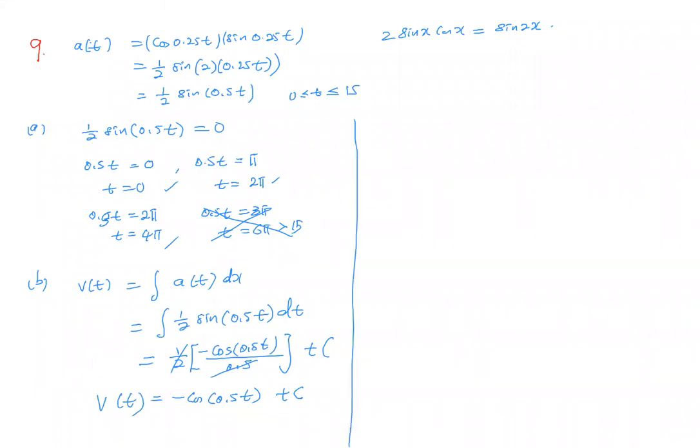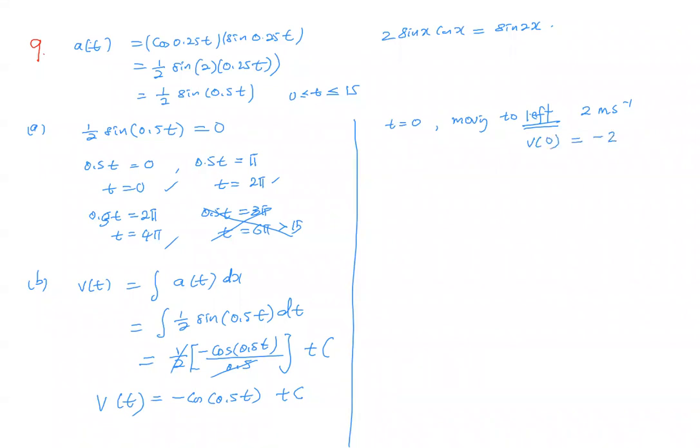The question says that when t equal to 0, the particle is moving to the left with the speed of 2 meters per second. Am I right? So that means the velocity at t equal to 0 is -2.